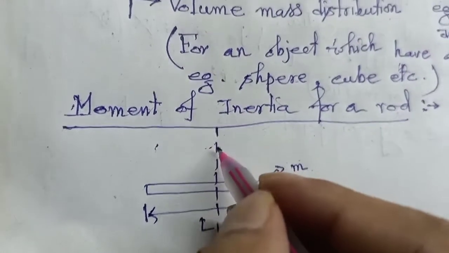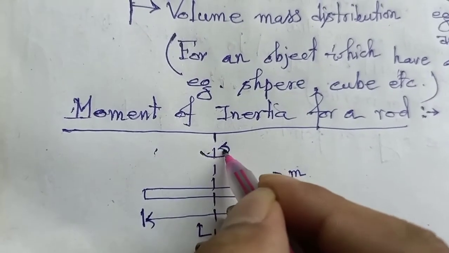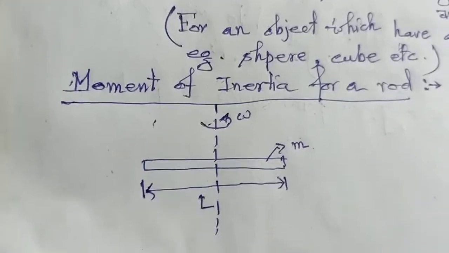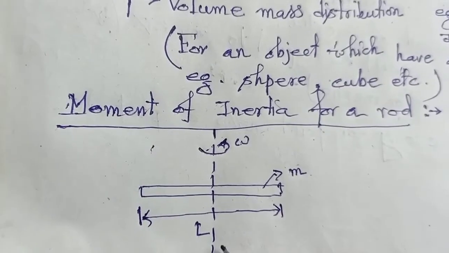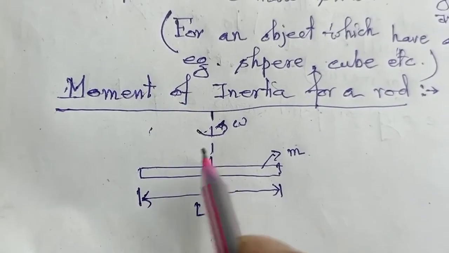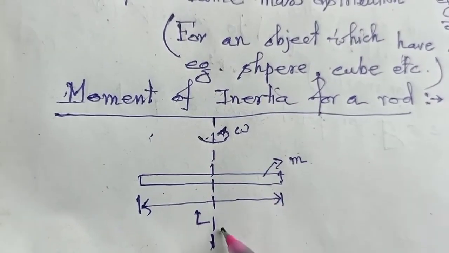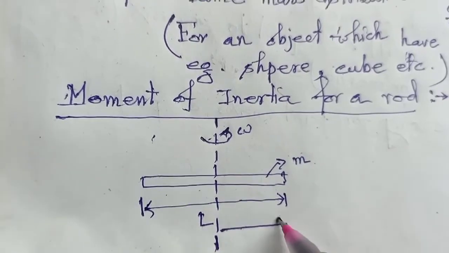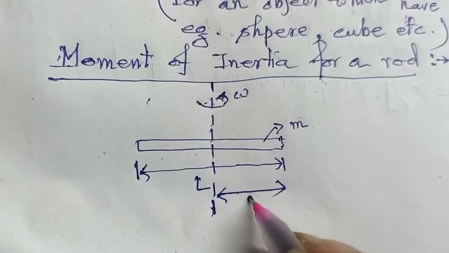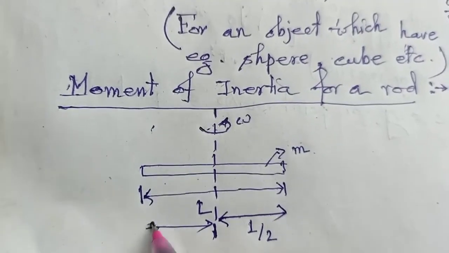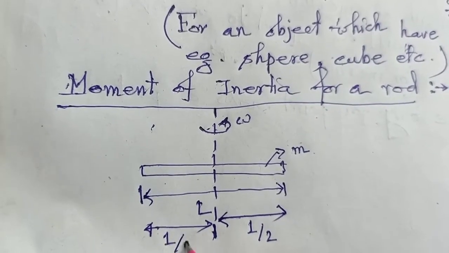This dotted line represents the axis of rotation, meaning the axis by which the rod is rotating. As we see, the axis is passing through the middle of the rod, so this distance will be half the length of the rod, L by 2, and this distance will also be L by 2.